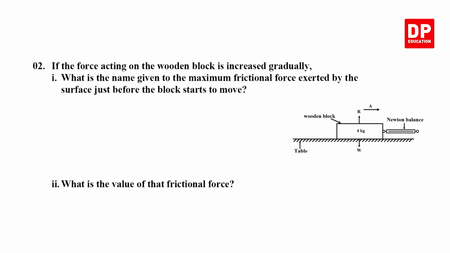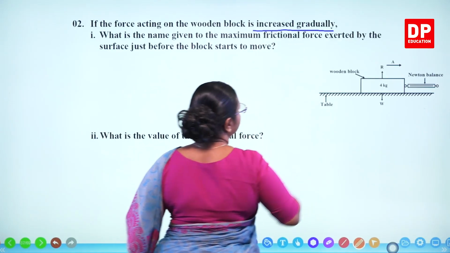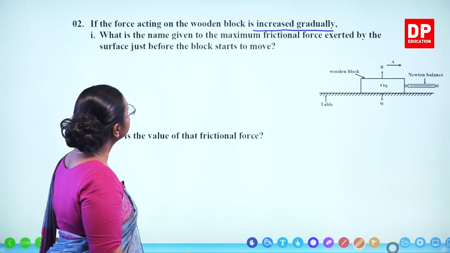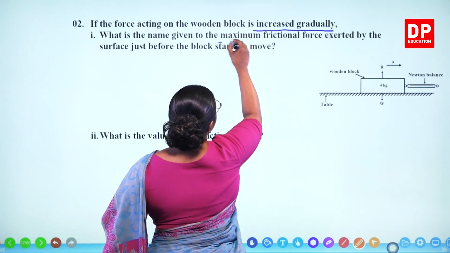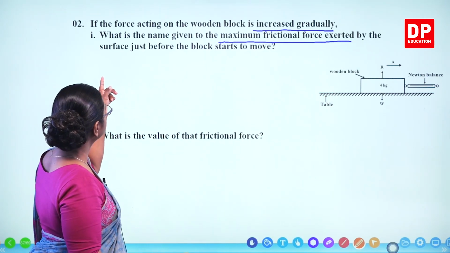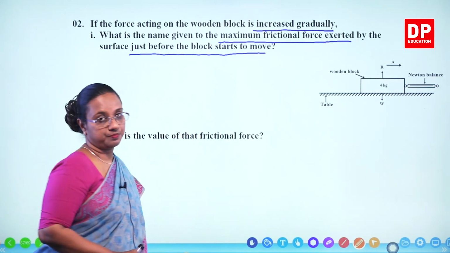If the force acting on the wooden block is increased gradually, so we are increasing the force applied, what is the name given to the maximum frictional force exerted by the surface just before the block starts to move?